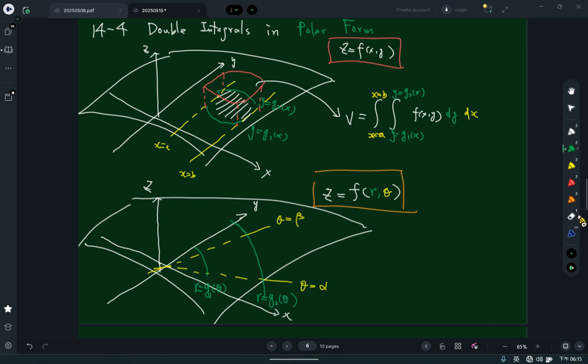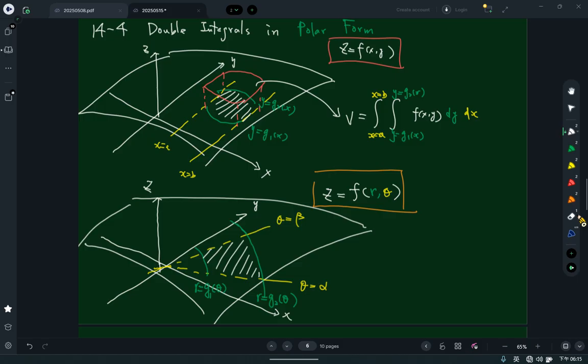So the region is confined by theta equals alpha to theta equals beta, and also by r equals g1 of theta to r equals g2 of theta. So the region is here.